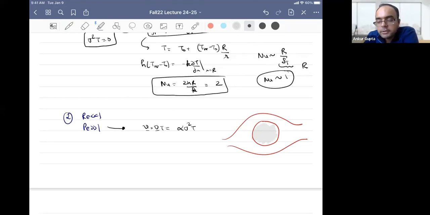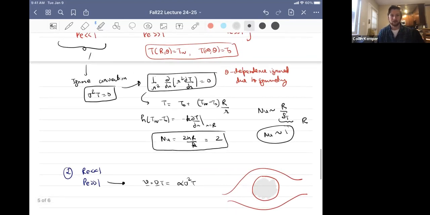So why shouldn't we ignore it completely? Any physical intuition? That's fine. Well, heat has to come from somewhere, and if we're just pulling it along by convection, then you're not heating it up at all from the ball.